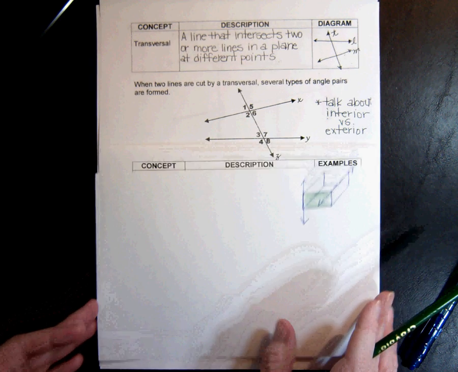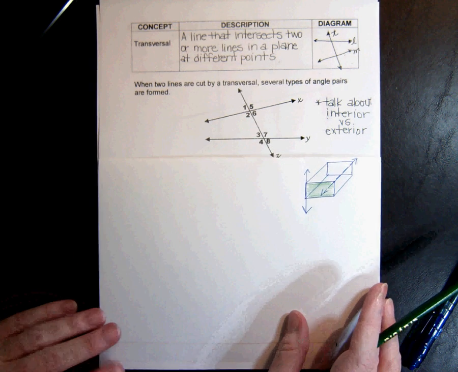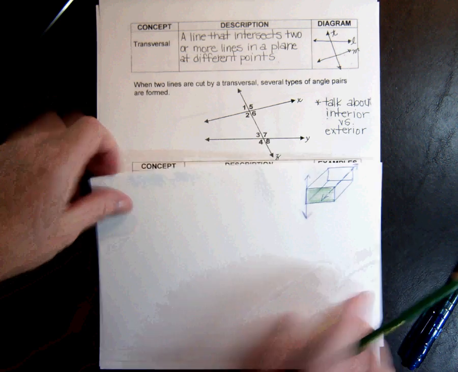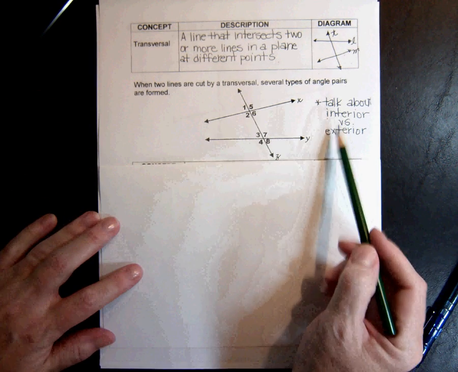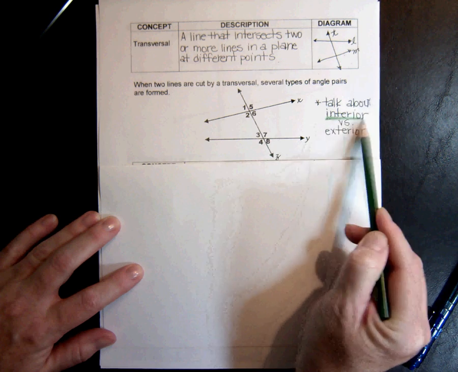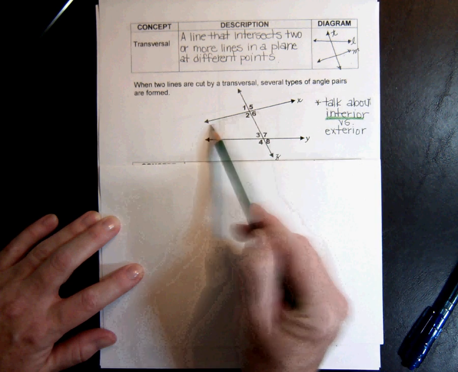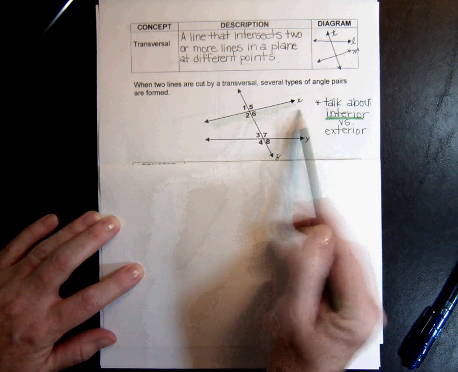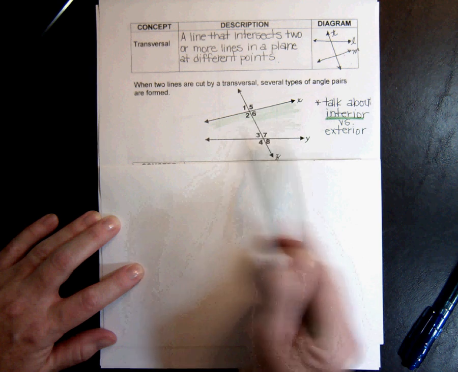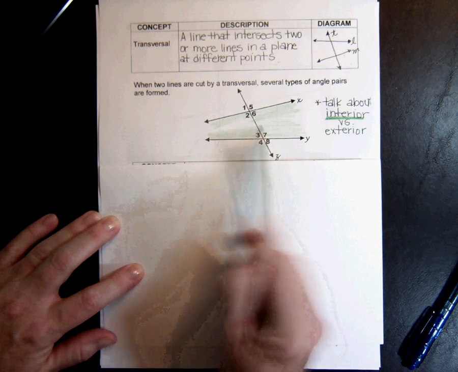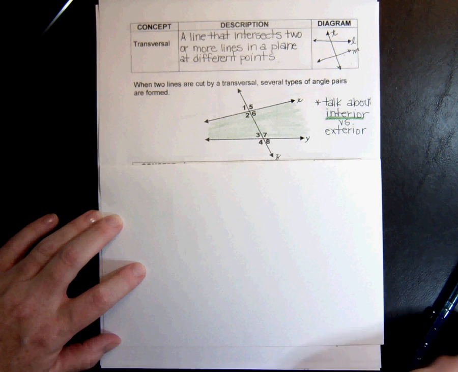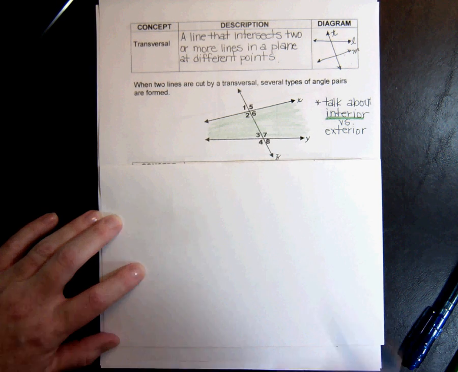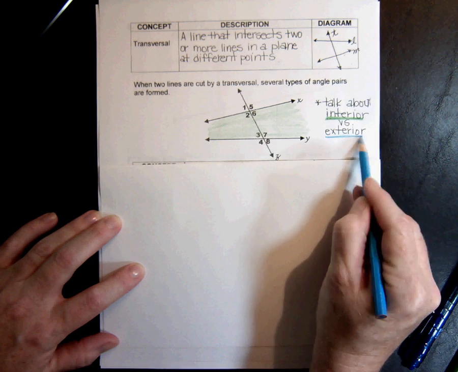All right, we're going to talk about the interior and exterior before we go any further. Let's get rid of the plane. Interior, the inside, would be like all of these on the inside. So I'm going to shade that inside plane. So this would be the inside, interior. The exterior would be the ones on the outside.